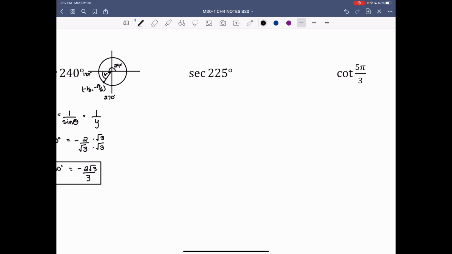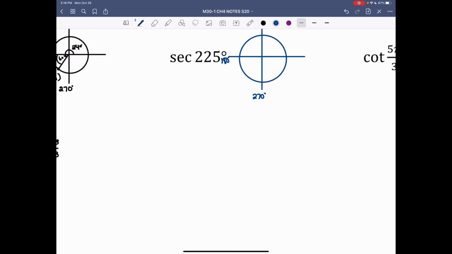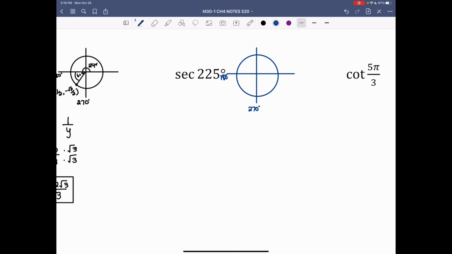Secant 225 degrees. Start with our diagram. This is 180 degrees. This is 270 degrees. 225 degrees is halfway between those 2 points.